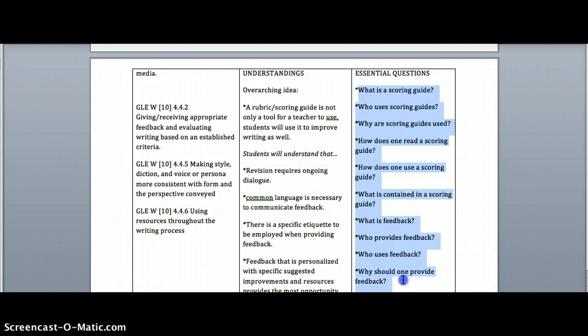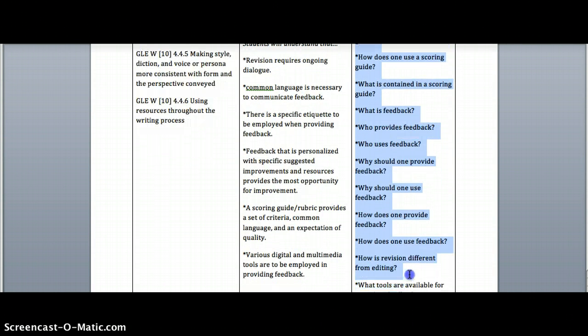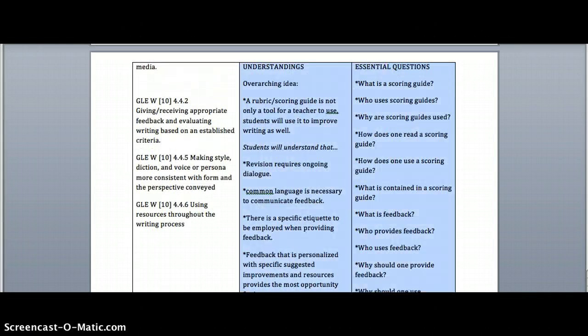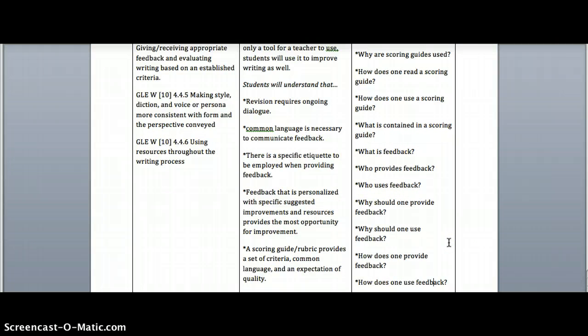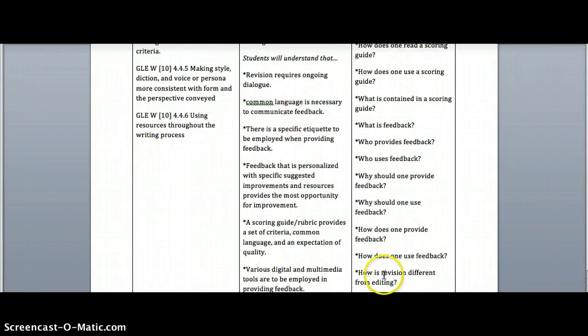I kind of went through the 5 W's and H of various areas of focus, particularly scoring guides, right here, providing feedback, and then scrolling further down, the difference between revision and editing.